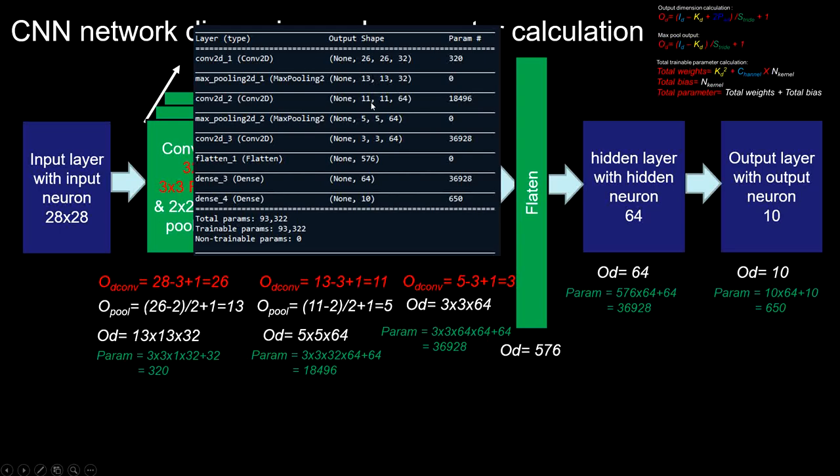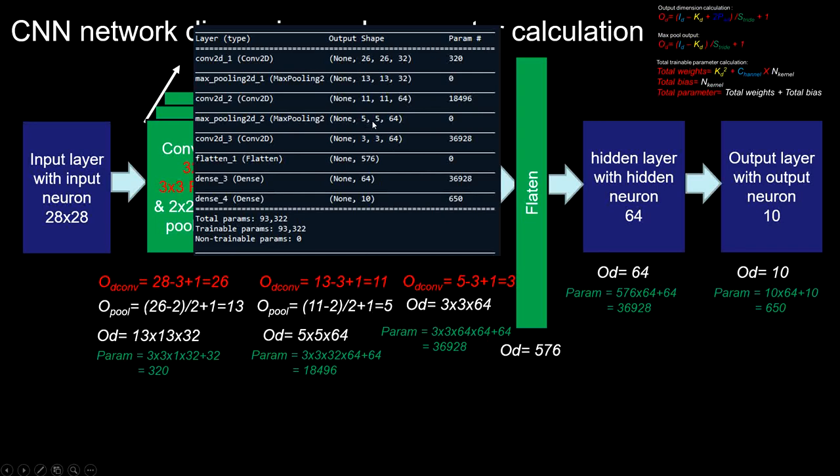Moving on to the second layer, for the convolution the dimension will be 11 times 11 times 64, because 64 is the number of filters. After the max pooling, the output dimension will be 5 times 5 times 64.